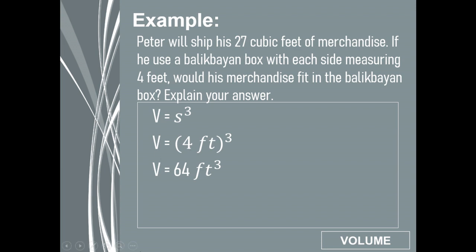That will be 64. Then, feet multiplied by itself three times is feet cubed, or cubic feet. So our answer is, the volume of the box is 64 feet cubed, or 64 cubic feet.